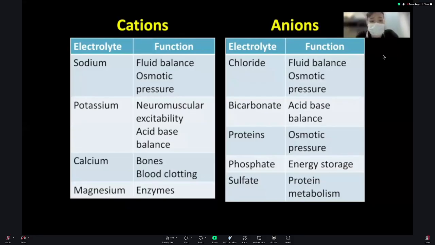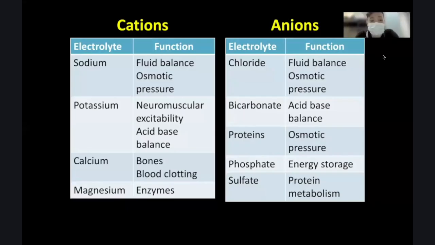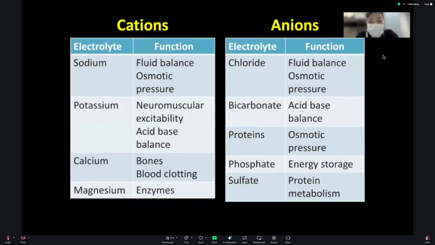The major electrolyte responsible for fluid balance or for osmosis would be sodium. Potassium is responsible for neuromuscular excitability as well as for acid-base balance. Calcium for bone development and blood clotting. Magnesium is responsible for different cellular enzymatic reactions.